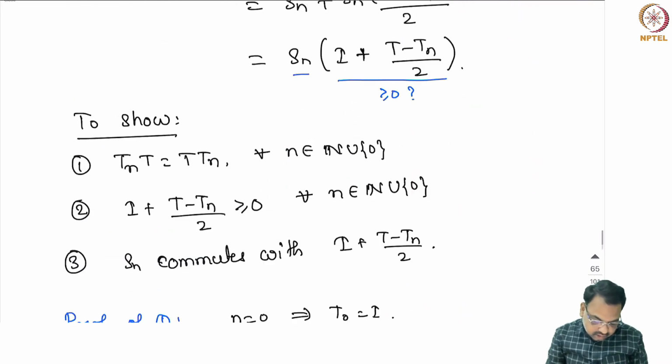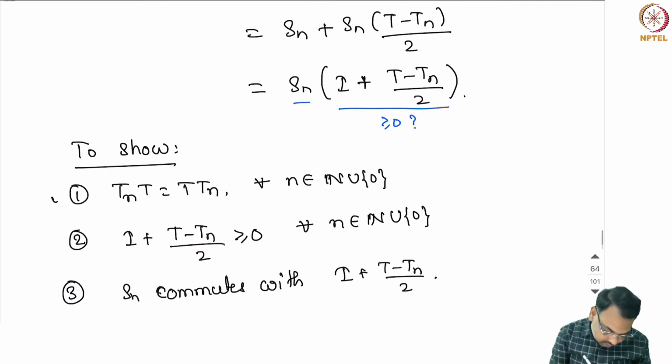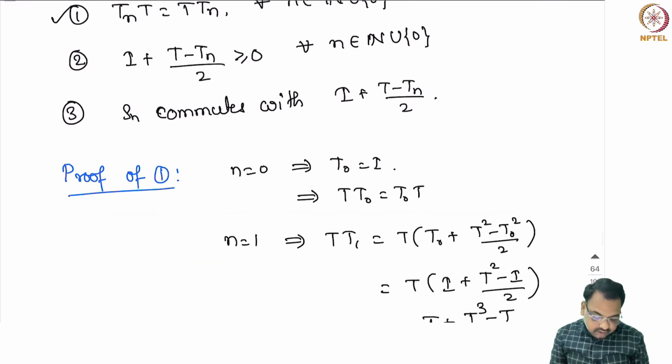So this completes the proof of the first statement. Now we want to show the second one, I plus T minus Tn by 2.